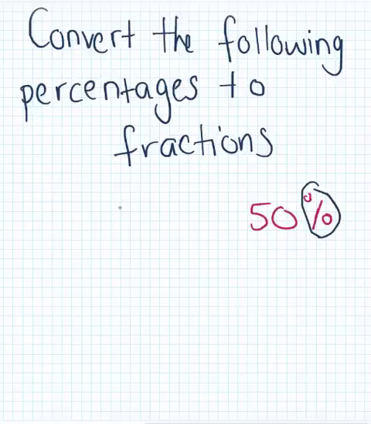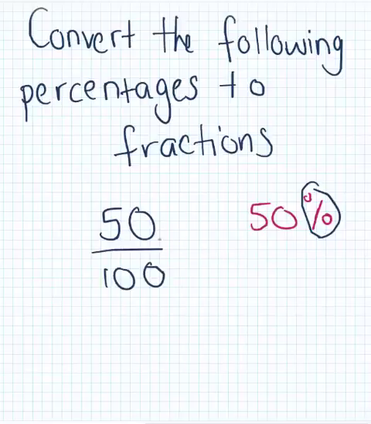So we really have 50 out of 100. And we know that line here means divide, but it can also mean out of. So 50 out of 100, I've now got my 50% written in fraction form. And I have actually changed it into a fraction, or converted it into a fraction.